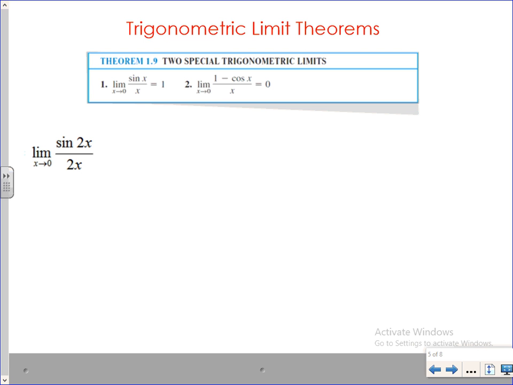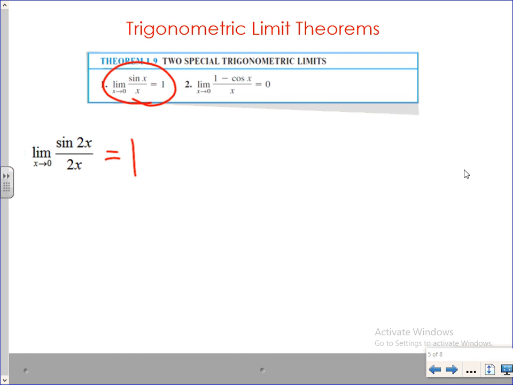The limit as x approaches 0 of sine of 2x over 2x. All right. Our rule just has an x. And here we have a 2x and then a 2x in the denominator. This is still going to be 1.